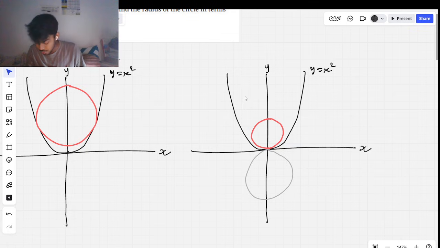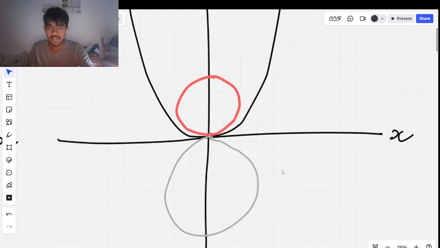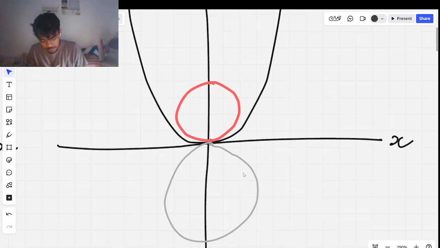Now if I denote the center, let me think, actually this is probably the simpler case. This is (0, c), and the radius here is going to be r, which is also equal to c.